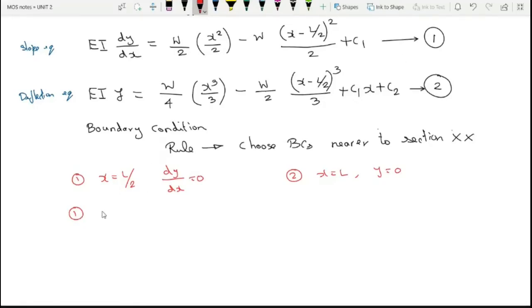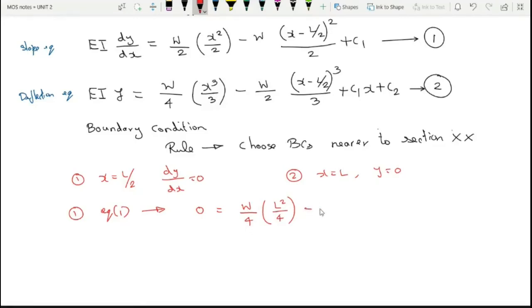Let me take equation 1 and apply it. dy by dx is 0, which is equal to w by 4, I am taking this out, x square, where x is L by 2. So x square is L square by 4, because this 2 I have taken out.